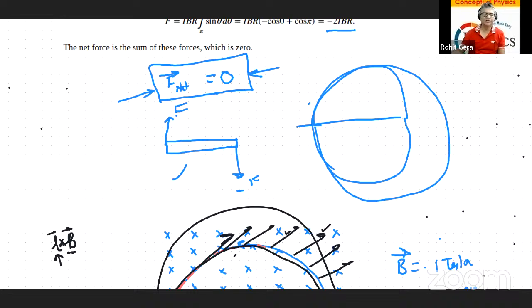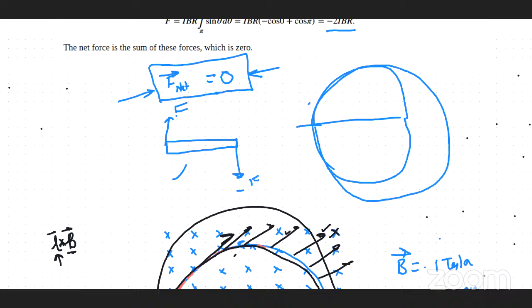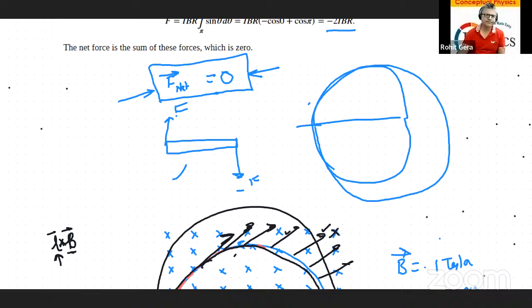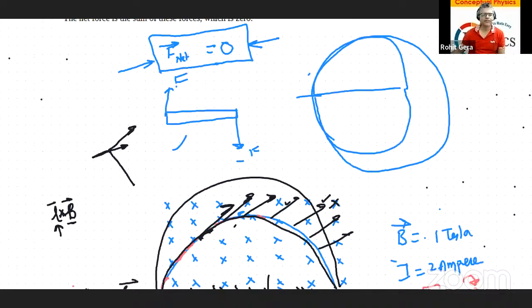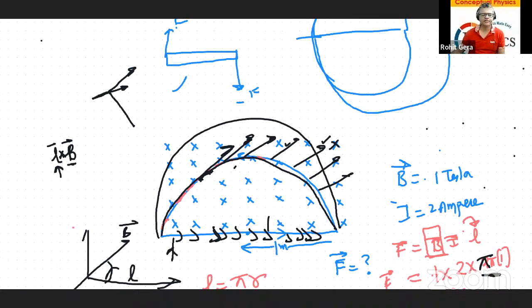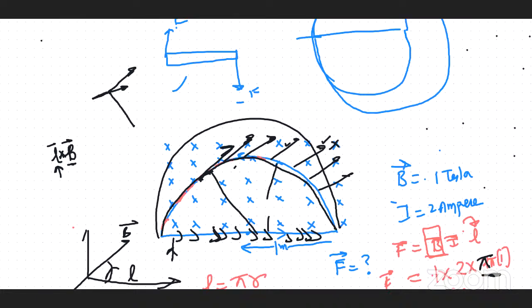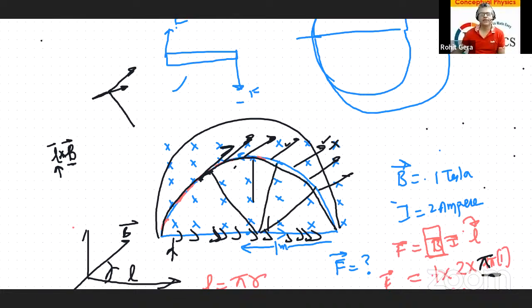It is acting in the same direction, whereas the magnetic field तो अंदर है. This was the magnetic field. This is your section. Right? So if your dl is like this, and your magnetic field is inward, if you do dl cross B, what you will find is that the force is towards the radius on each component. ये जो छोटे छोटे component में ले रहा था, the force is radial force on each one of them, because radius is the only thing which is perpendicular to the tangent.